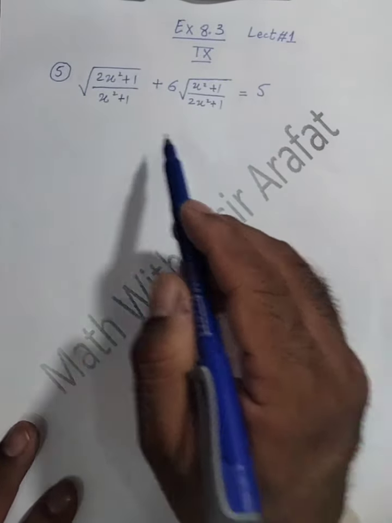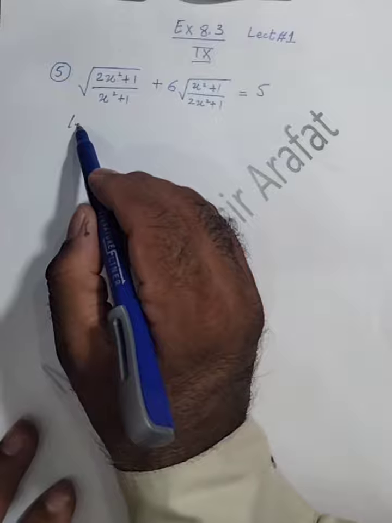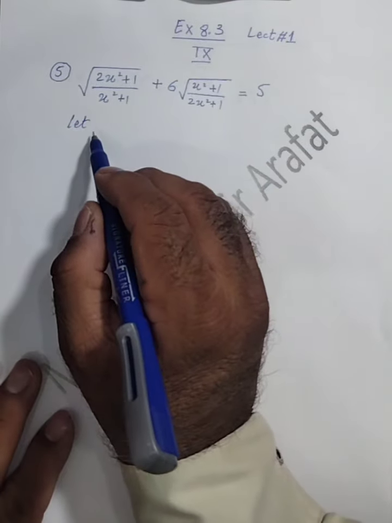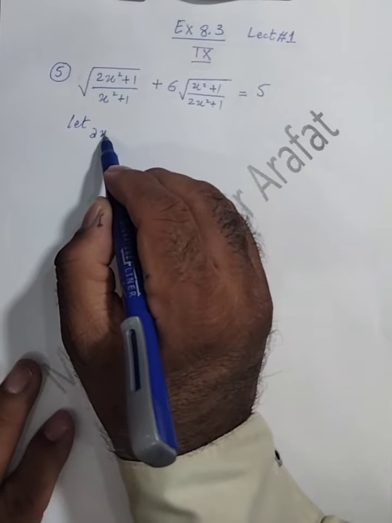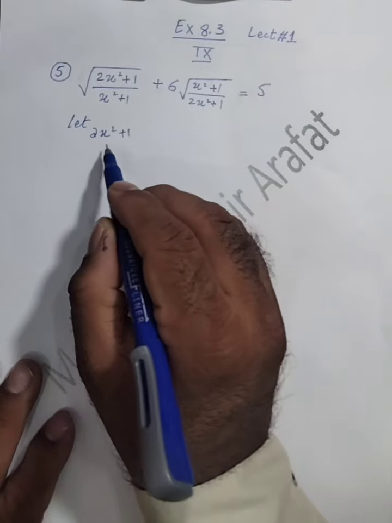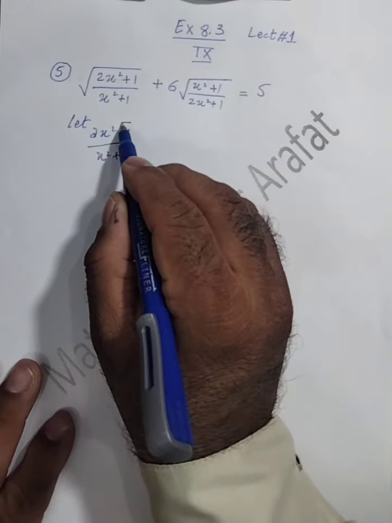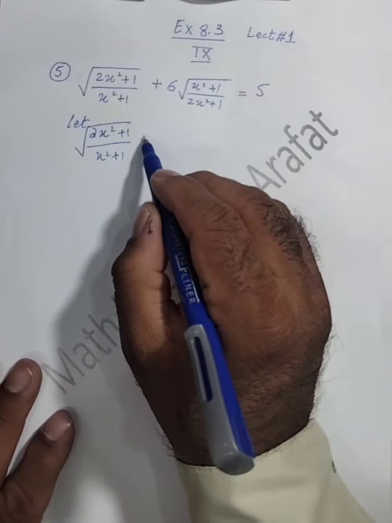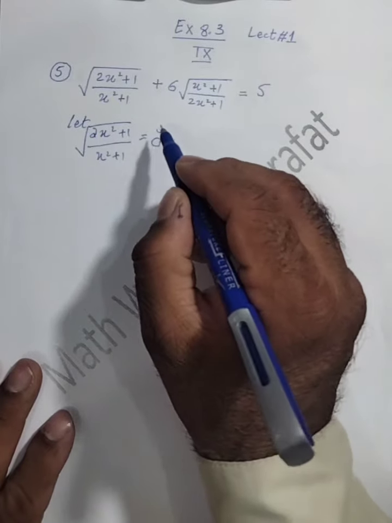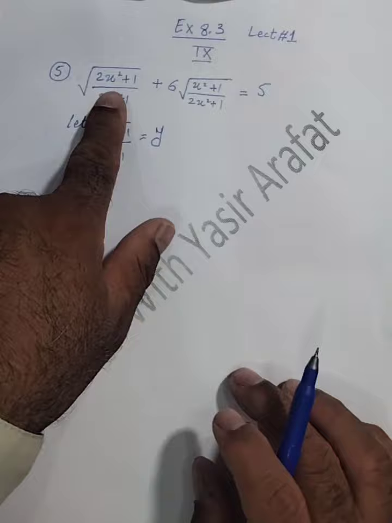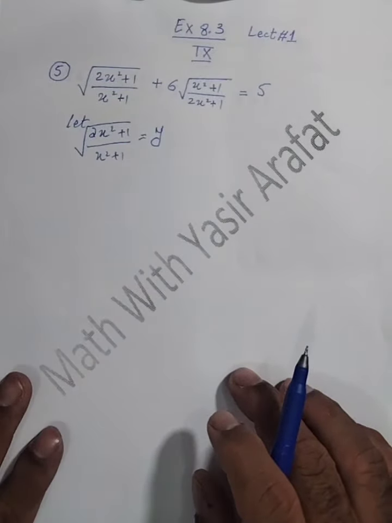So in this situation, we discussed in the previous question, we have the same case with another question here. So we suppose (2x square plus 1) over (x square plus 1) equals y. We cannot suppose this one equal to x because the variable x is given in the question.